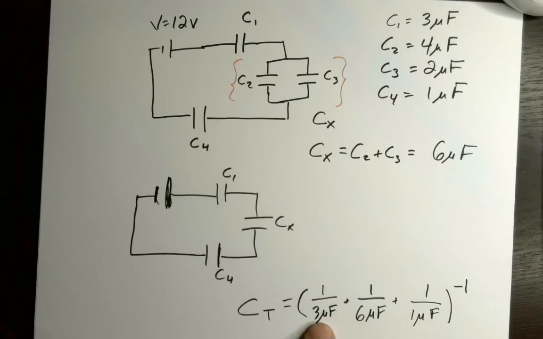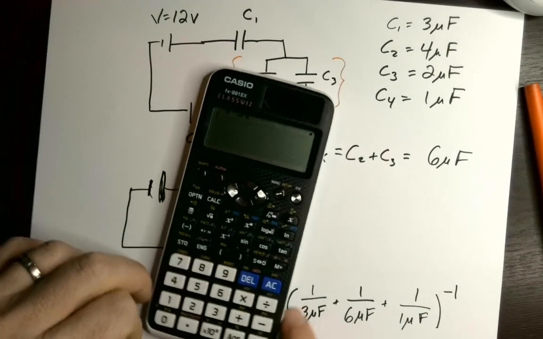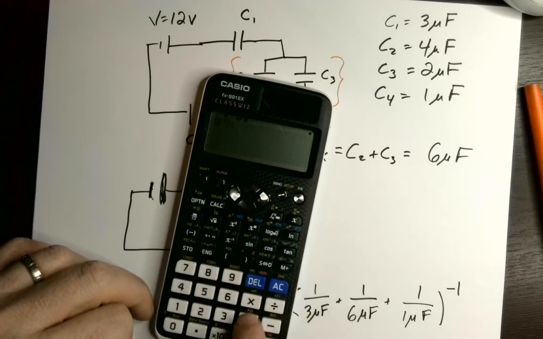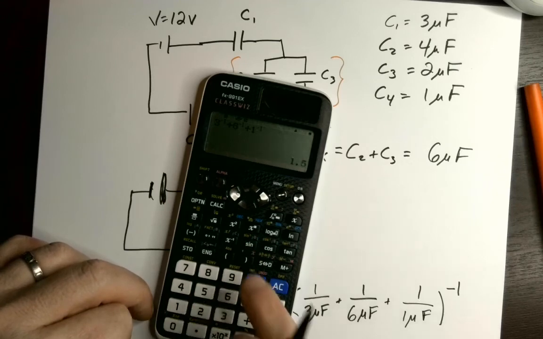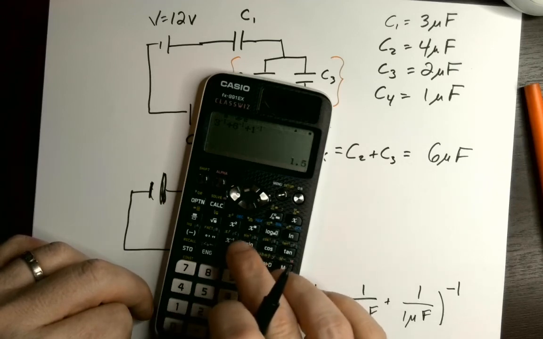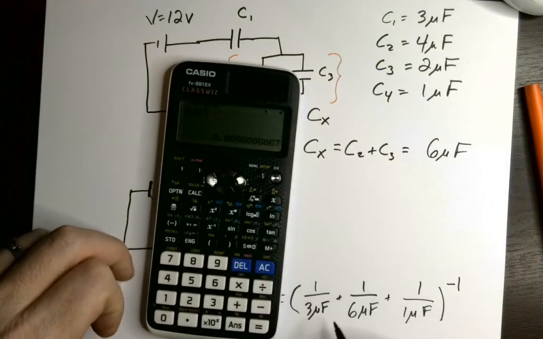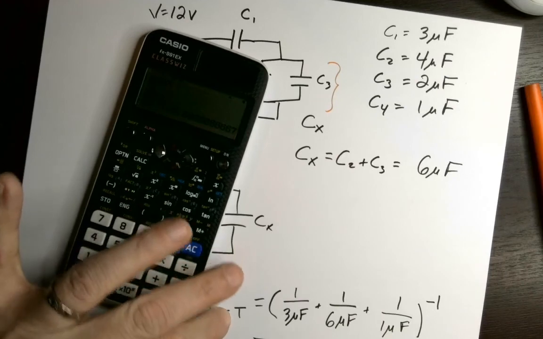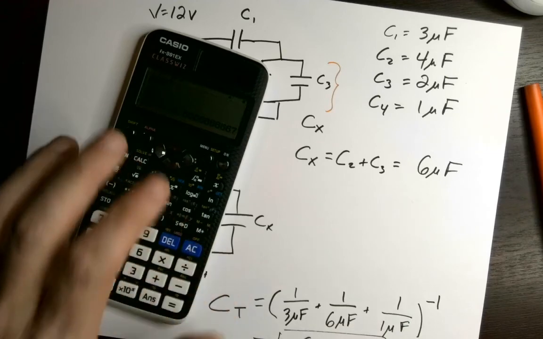Right? 1 over this equals the sum of those inverses. So let's see what that is. We've got 3 inverse plus 6 inverse plus 1 inverse. That's 1.5, and 1 over 1.5, that's 3 halves. 1 over that's 2/3. Right? So it's going to be 0.66. So the total capacitance is 0.66 microfarads.